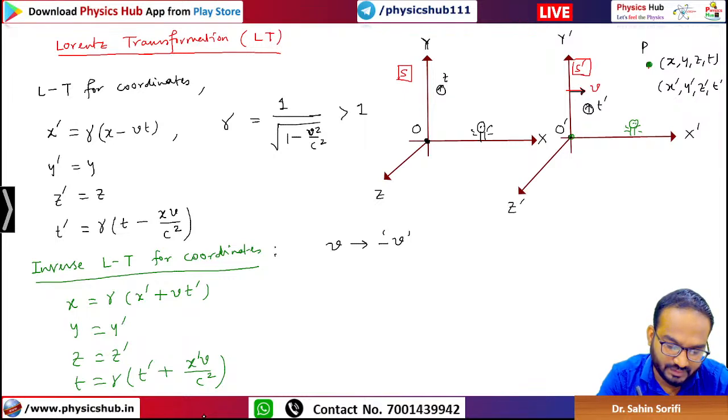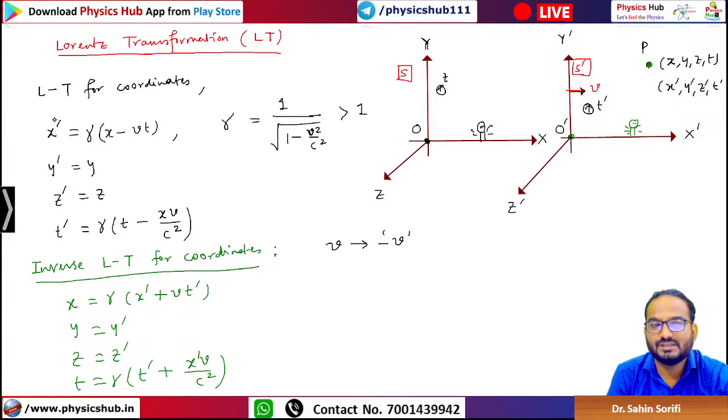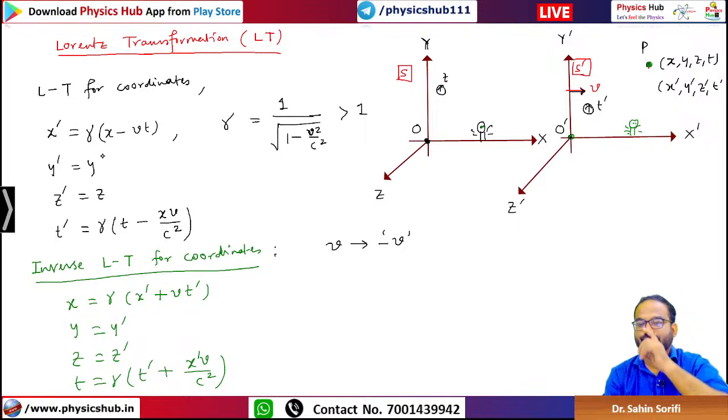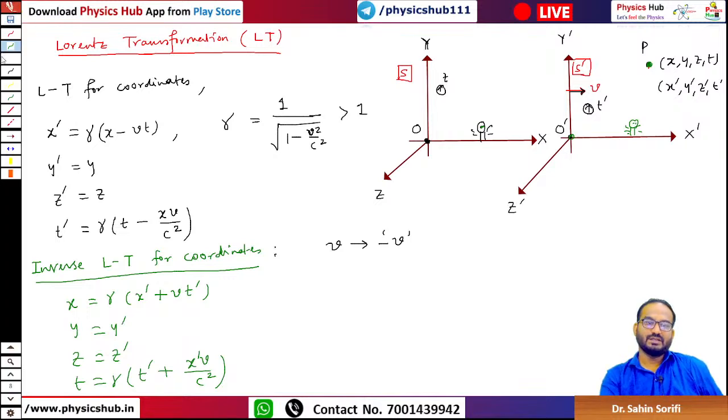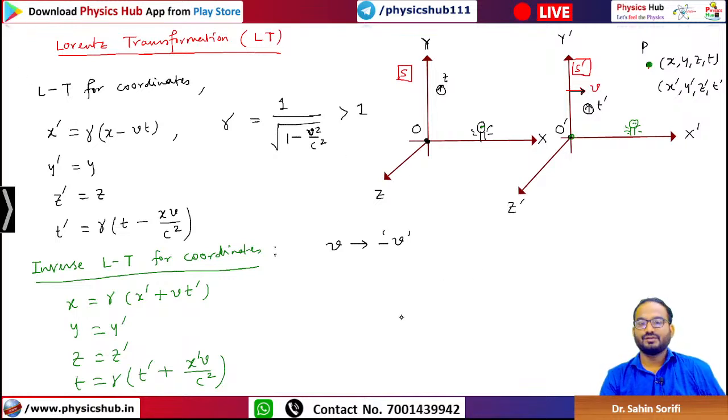The above equations depend on where the observations are made. If observation is made from the S frame, you will see x, y, z and t. If observation is made from S prime, you will see x prime, y prime, z prime and t prime. So it is just giving you the relationship between these two measurements. You can always remember this example. You are standing on the ground, you are the S frame.